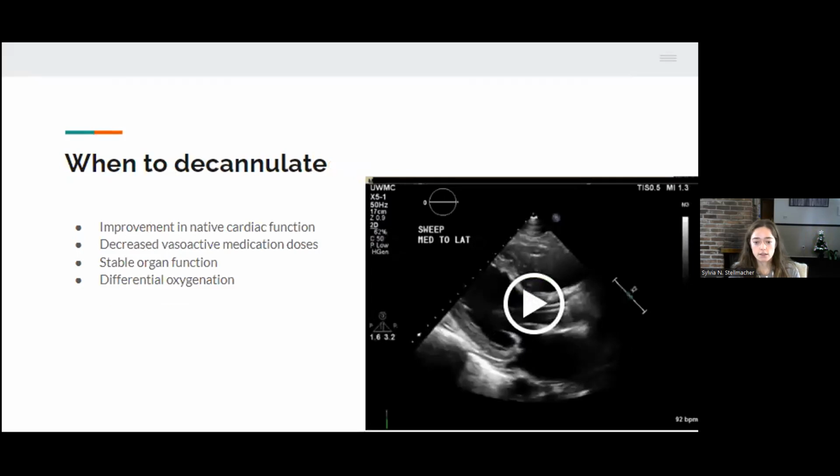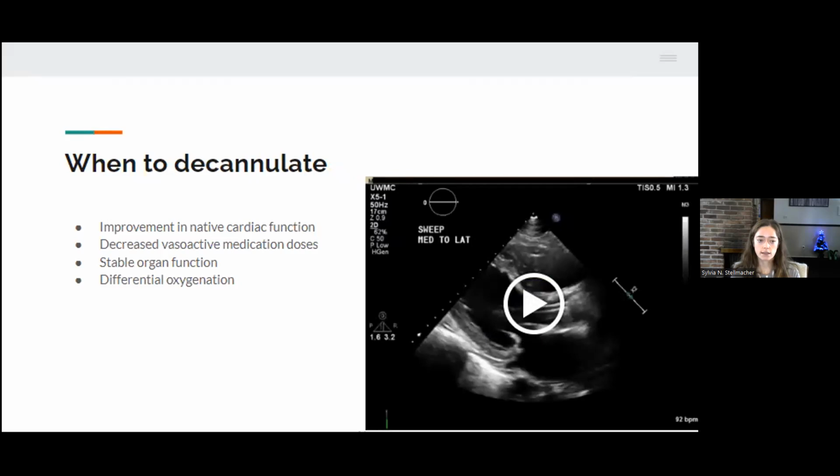So it's time to consider decannulation for patients when their native cardiac function is overall improving. This is often evidenced by serial TTEs or echoes. You may also see this because patients are needing less vasoactive medication doses.